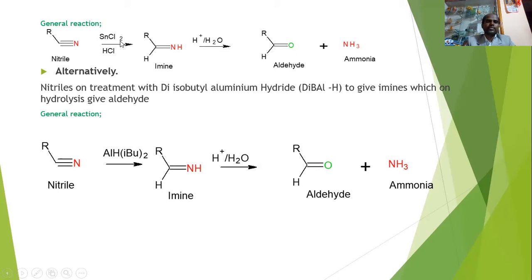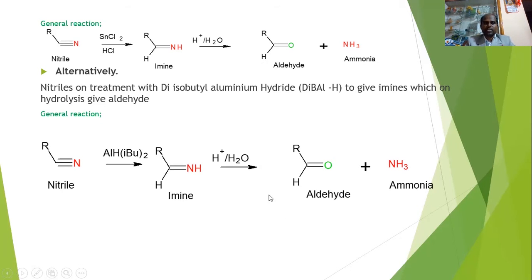Alternatively, instead of stannous chloride, one can take diisobutyl aluminum hydride. Diisobutyl aluminum hydride acts as a source of hydrogen. It supplies this hydrogen to nitrile, converting it into an imine. This imine again undergoes hydrolysis, giving aldehyde.